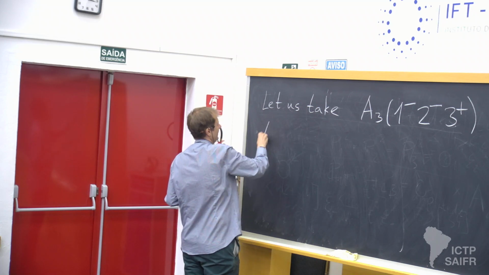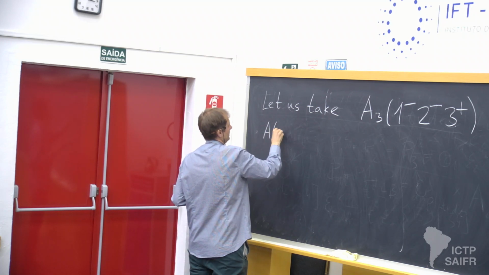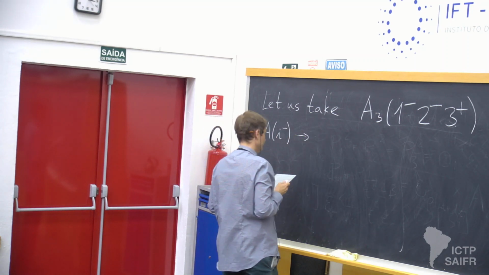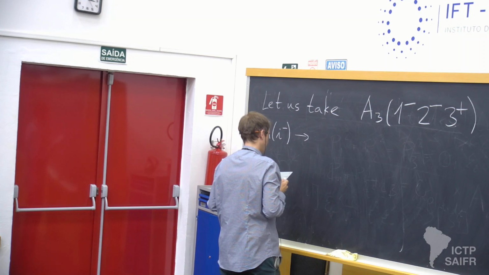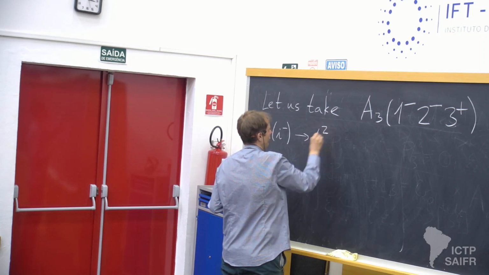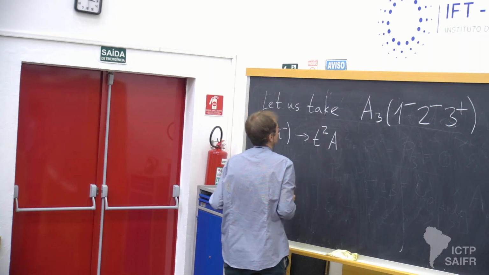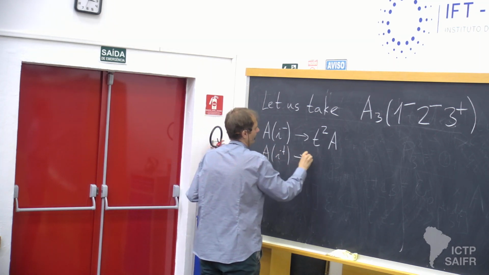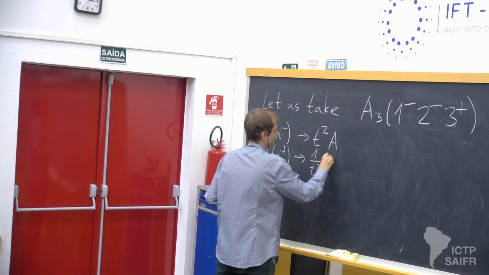So we know that for the negative spin 1, if we do this little group transformation, it transforms as t squared times a. And for plus, it transforms as 1 over t squared times a.